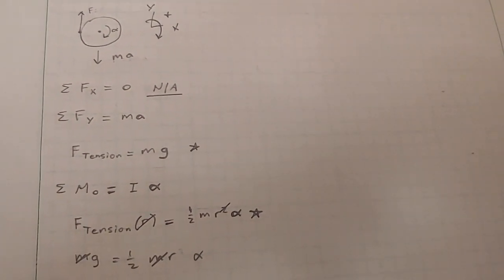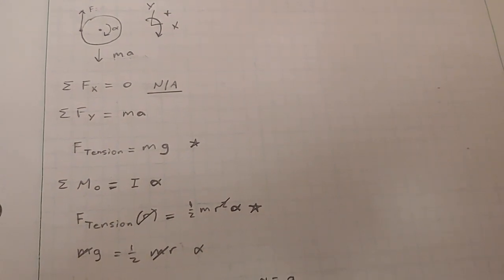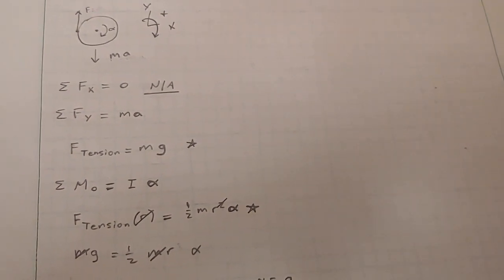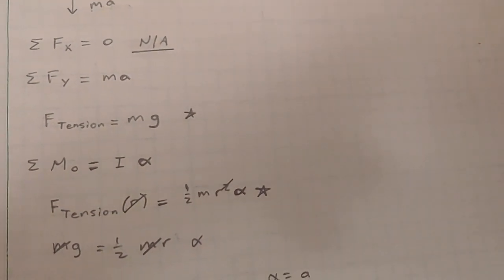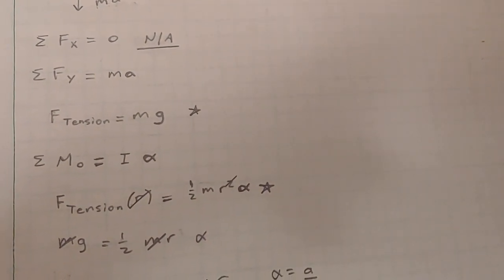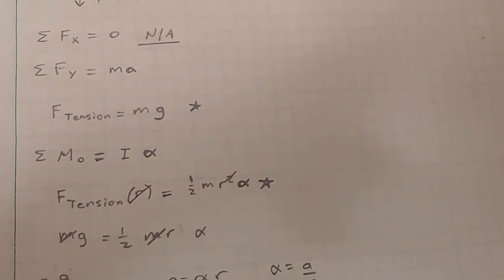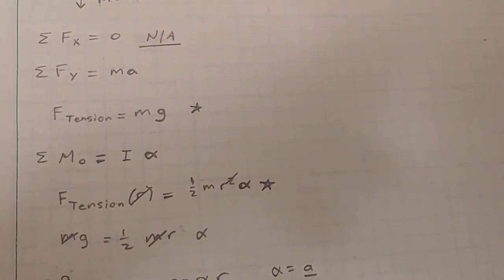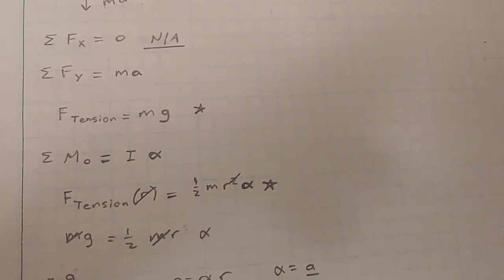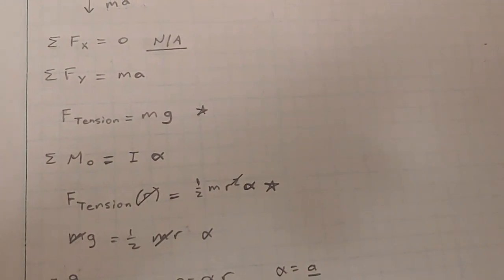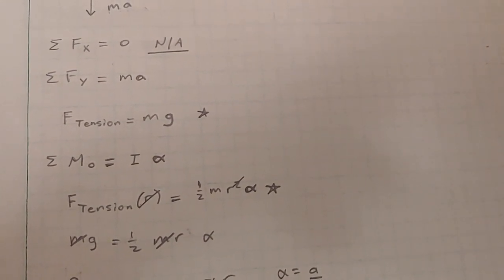So then our equation simplifies out, and we take the two starred equations that we have. The force of tension equals mass times acceleration due to gravity, and the force of tension is equal to 1/2 mr alpha.